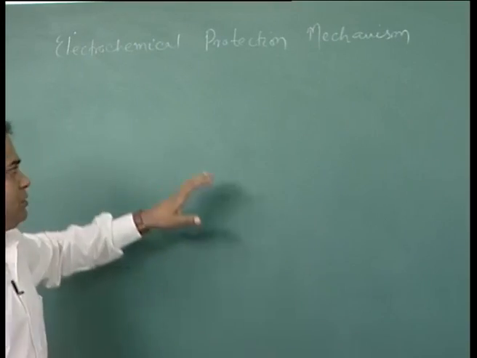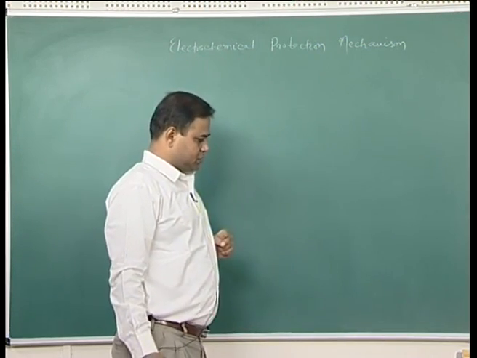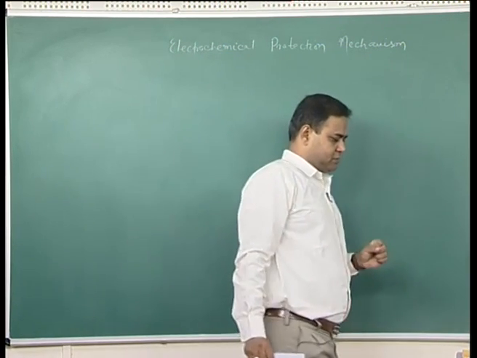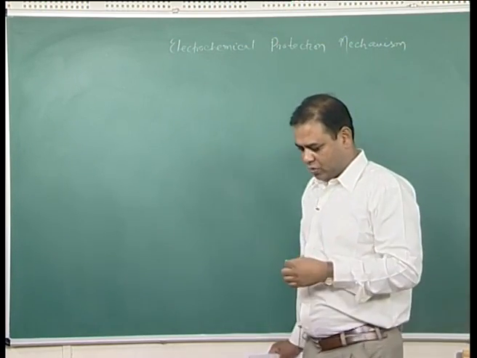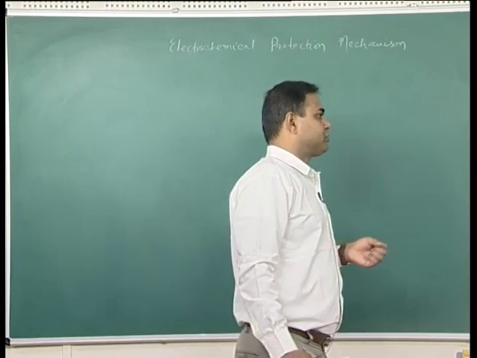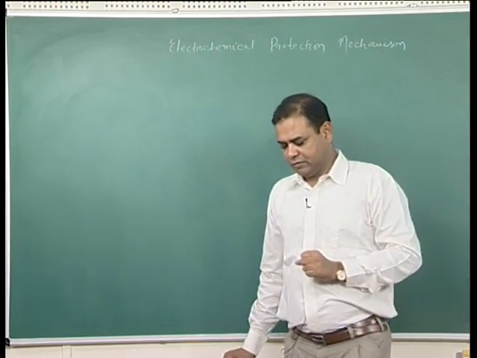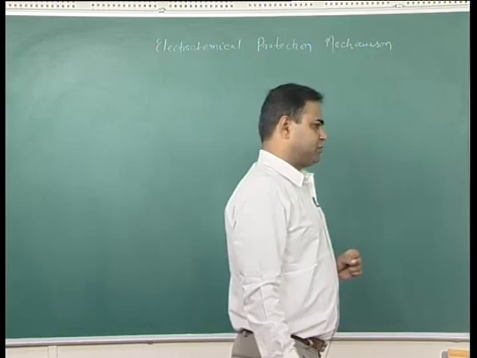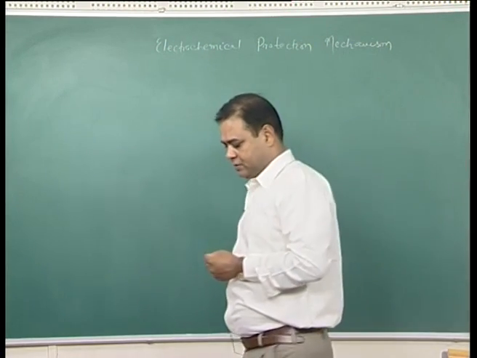Before going to this electrochemical protection mechanism, let us first see how many ways one metallic object or alloy object or structure can be protected from corrosion. In fact, complete protection from corrosion is economically not preferred.